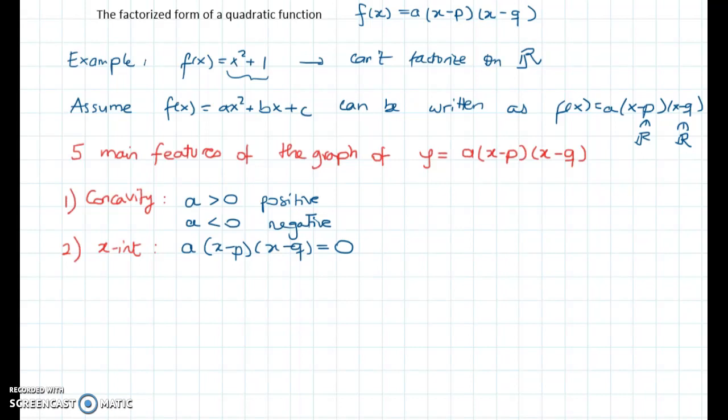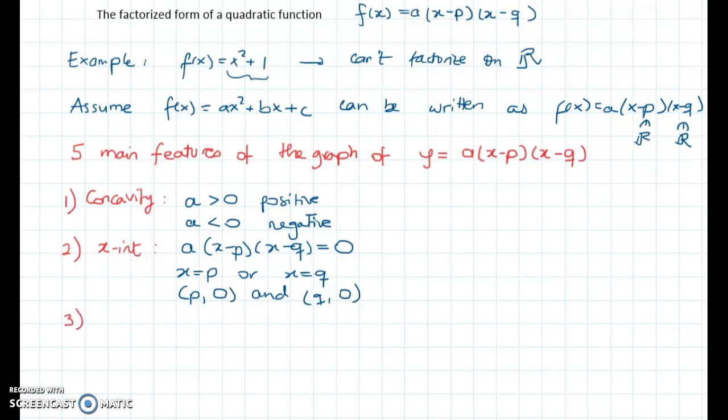So for this to be true, we need x to be equal to p or x to be equal to q. So that means that the coordinates of the x-intercepts are going to be of the form (p, 0) and (q, 0). So they are the easiest to find when we have our quadratic function written in factorized form.